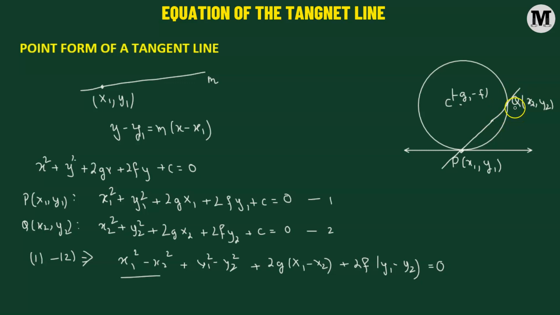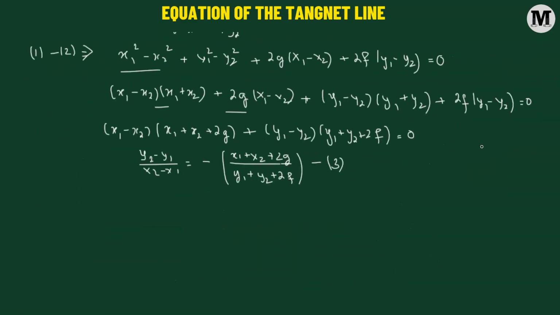Now, because we want to find out the equation of the tangent line, what we'll do is make the point Q move towards point P. So that means we will let the point Q move towards point P, which simply means that x2 is going to approach x1, and then y2 is also going to approach y1. All we have to do is replace the value of x2 with x1 and the value of y2 with y1.